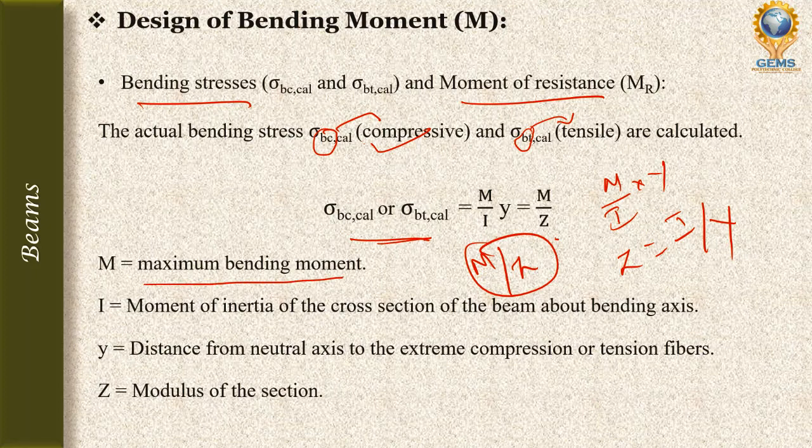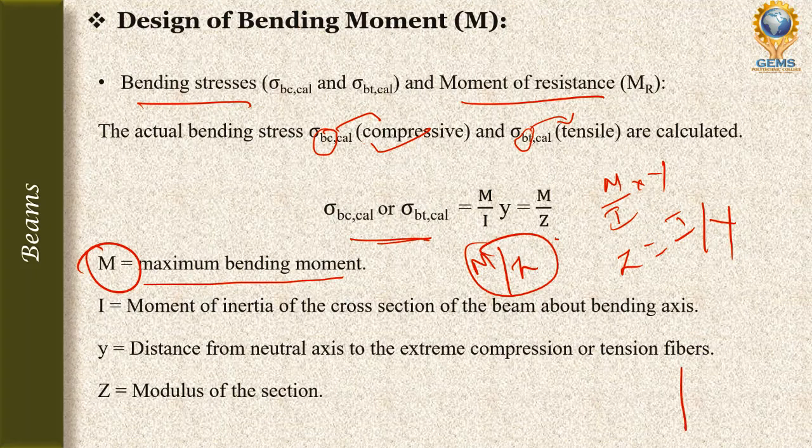The maximum bending moment we can calculate depending on what type of beam we are going to use: a simply supported beam, a cantilever beam, or an overhanging beam. I is the moment of inertia of the cross section of the beam about the bending axis, and y is the distance from the neutral axis.